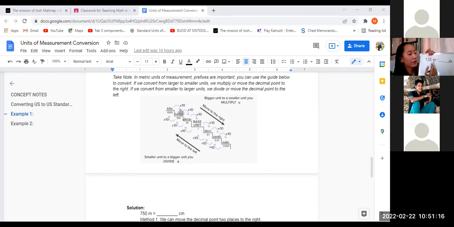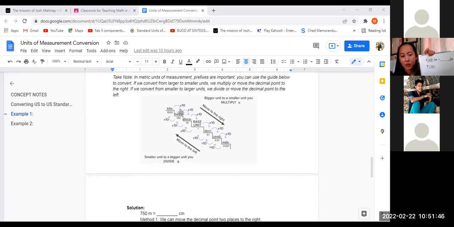So we will move the decimal point to the right also. How many decimal places? Of course, if it's a whole number, the decimal point is always at the right side of the number. 9,000. So we are going to find decimeters. Ilang decimal places tayo magmo-move going to the right?